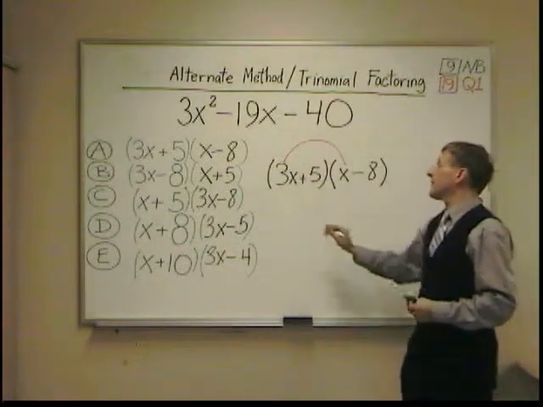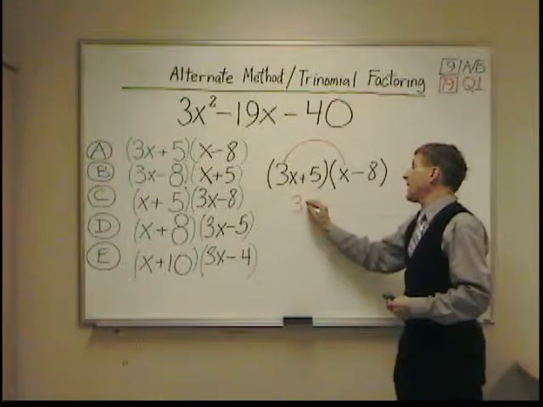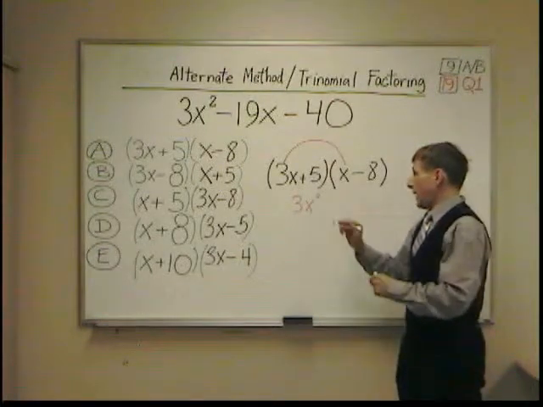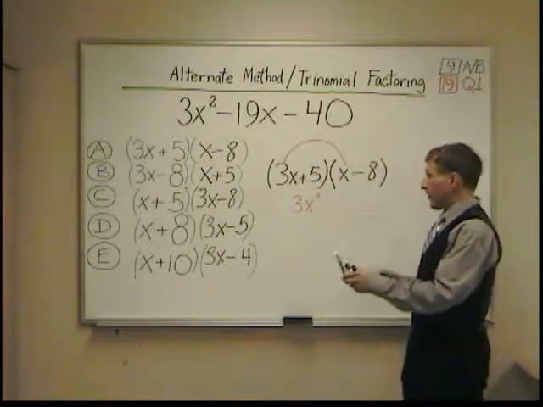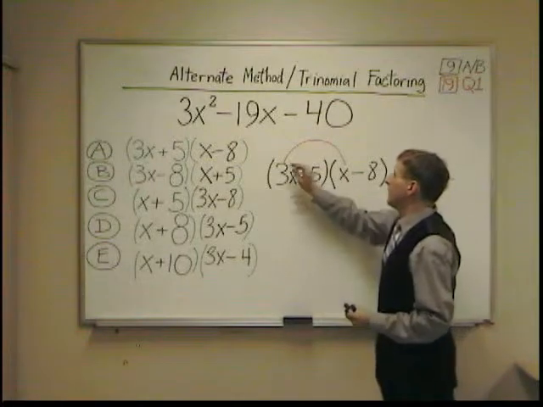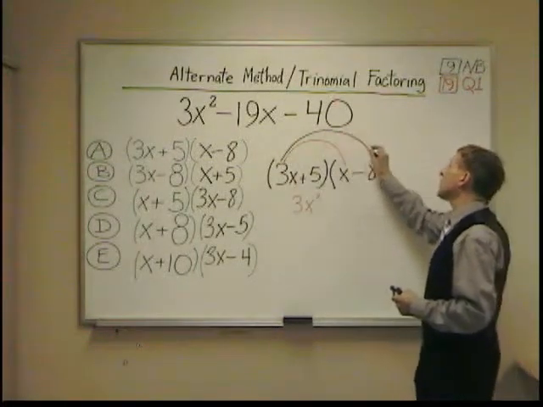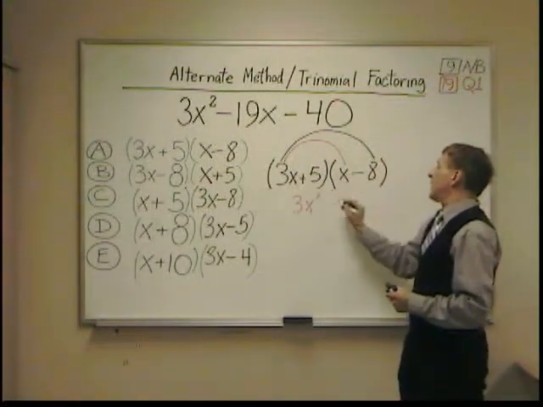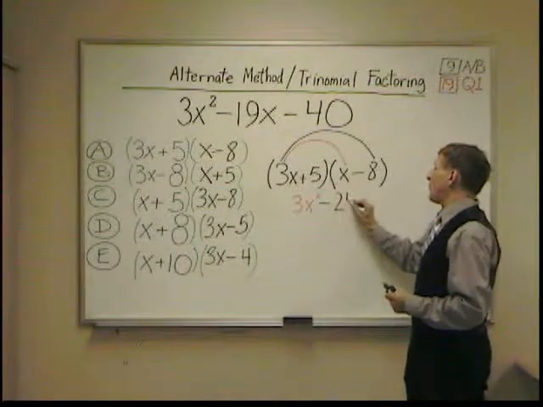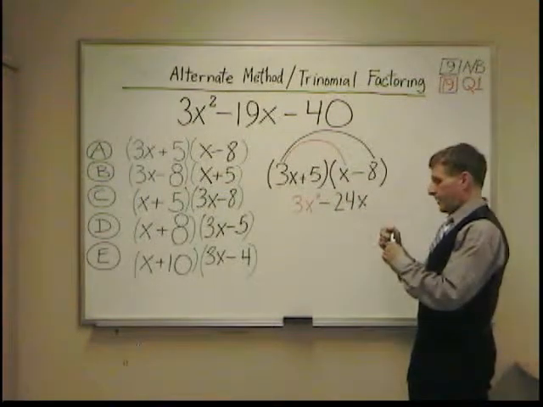3x times x is 3x squared. 3x times negative 8 for outer is negative 24x.